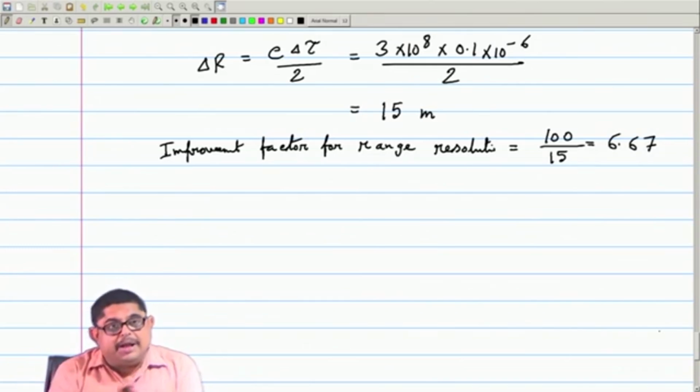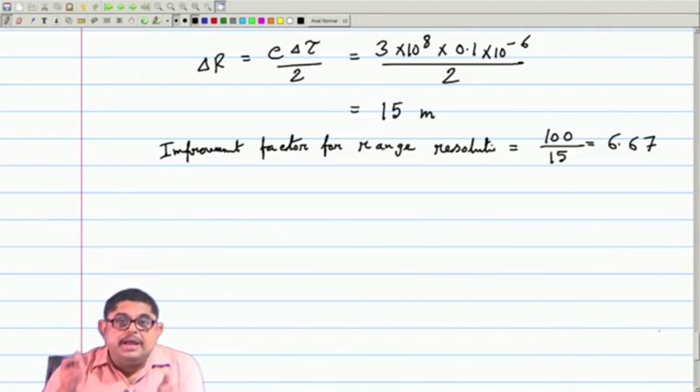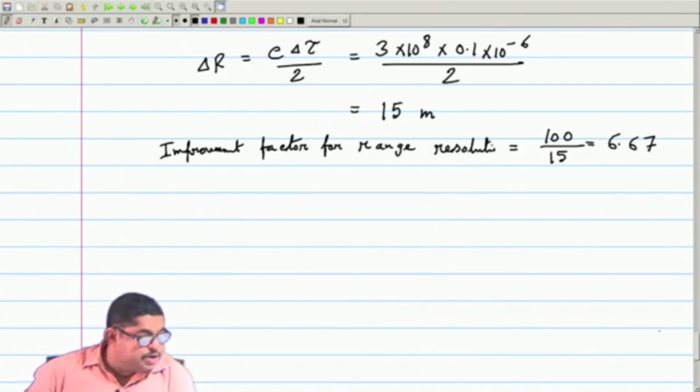If you make the pulse width very small, in reality that power will not be carried, so the range etc. will suffer. So, we are having the large pulse, but by giving the modulation in the frequency, we are making it behave, as far as range resolution is concerned, as a short pulse. That is why it is called pulse compression.